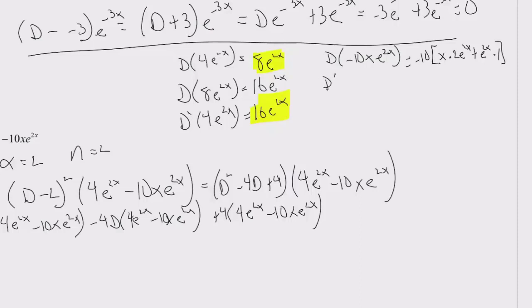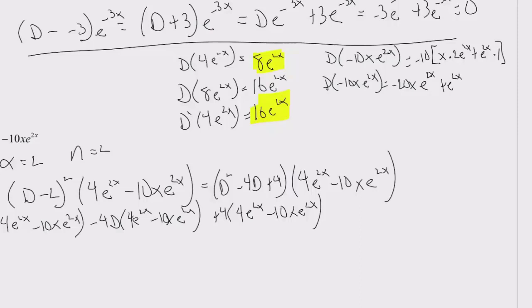That would be negative 20x e to the 2x, plus e to the 2x.